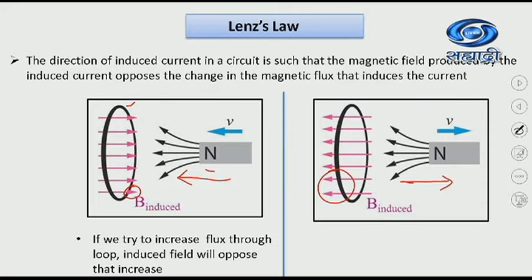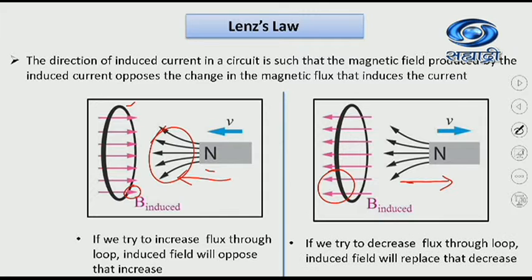So it will generate its magnetic field in the direction of the original magnetic field due to the magnet. In doing so, it will generate EMF, and that's why induced current will flow through the coil. So if you try to decrease the flux through the loop, the induced field will oppose that decrease.